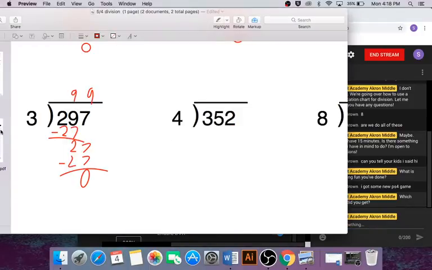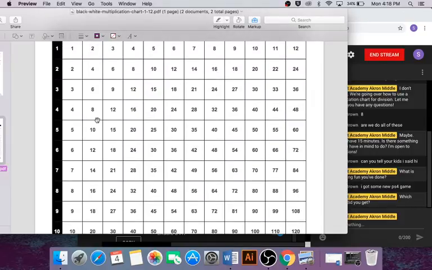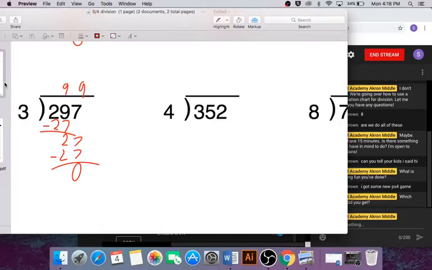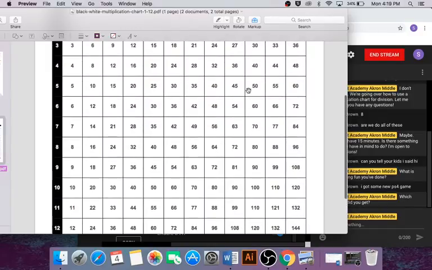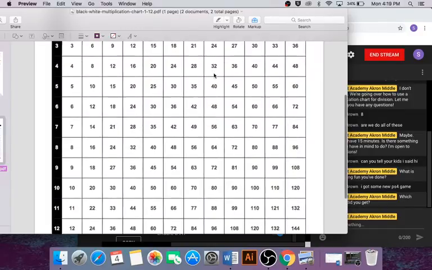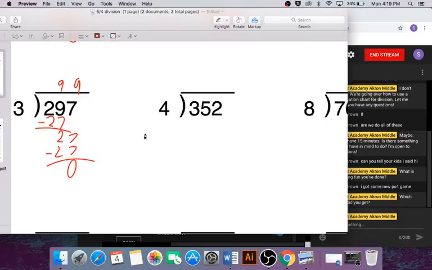Okay, so we go to our 4 times table, and we see how close to 35 we can get without going over. That is 32. And we go up to see 4 times 8 is 32. So we're going to put our 8 up here.